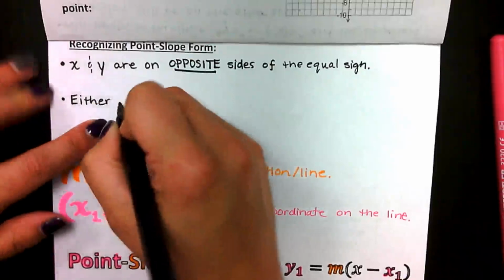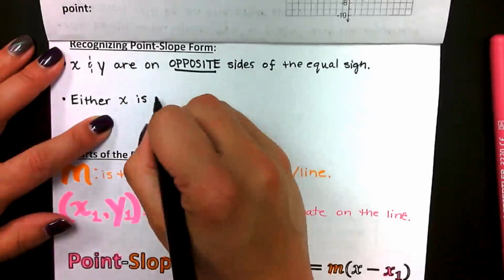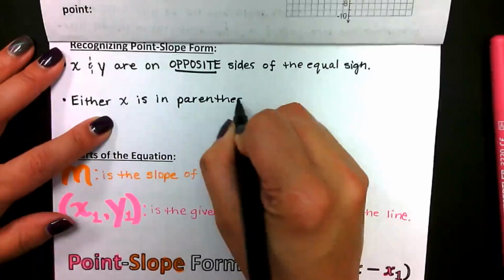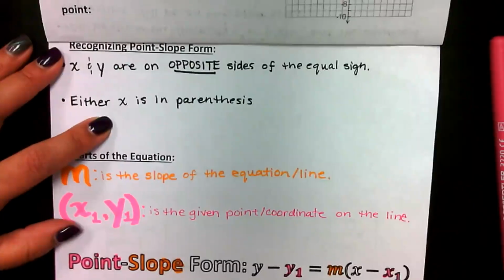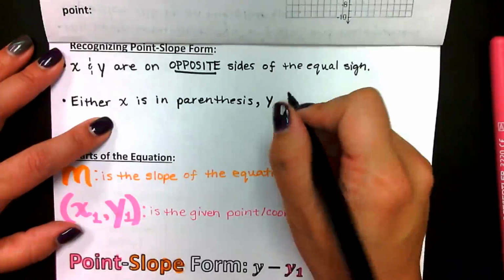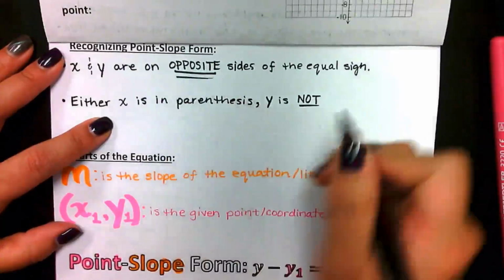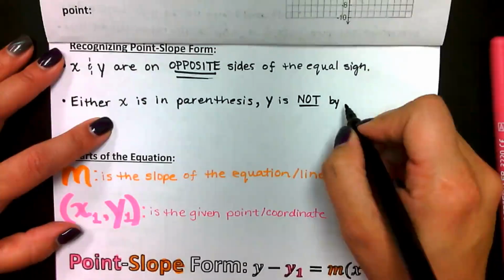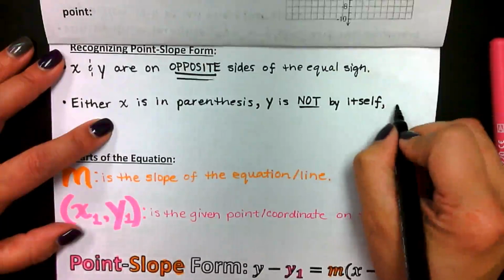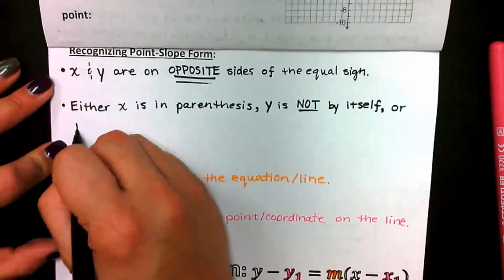Either X is in parentheses, or Y is not by itself, or both are happening.